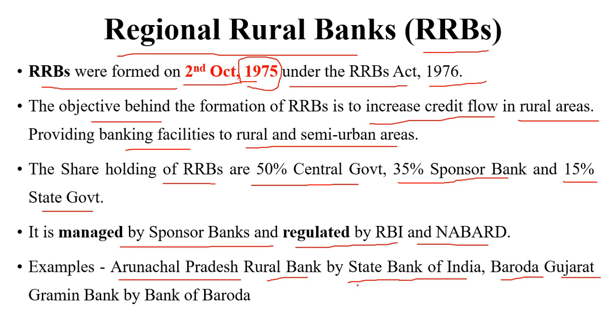Baroda Gujarat Grameen Bank is sponsored by Bank of Baroda. At present there are 43 RRBs in India, and they are working under the sponsor banks and are regulated by the Reserve Bank of India and NABARD.